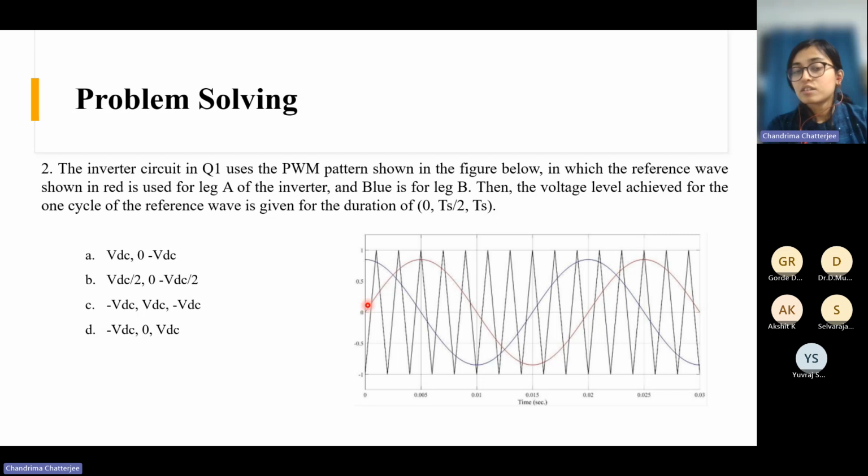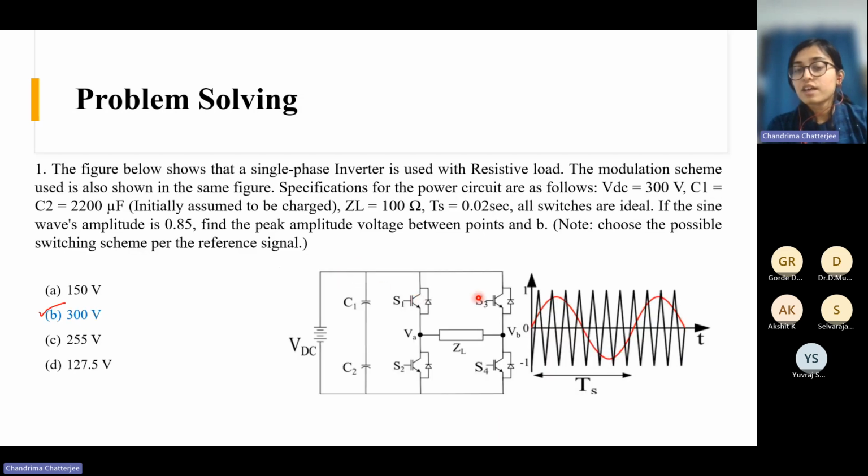When the reference signal is higher than the carrier wave, the pulse will be high, otherwise the pulse will be low. And for the blue one also, when it is higher than the carrier signal, the high side switch will be on, otherwise the high side switch will be off. These are the high side switches and these are the low side switches.